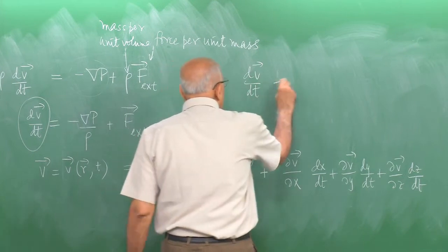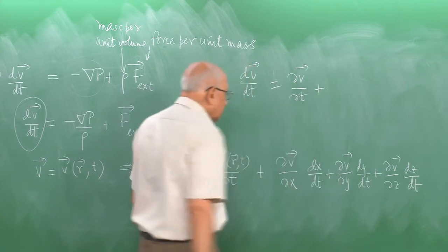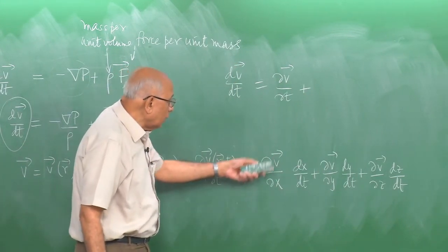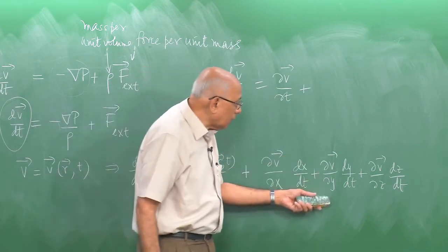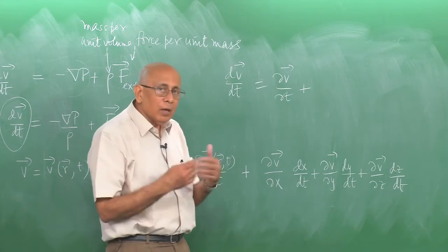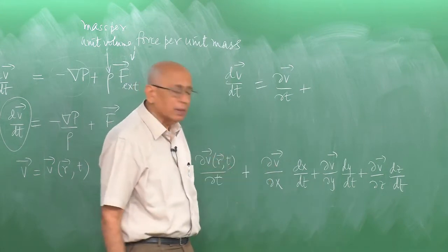So, this quantity here can be rewritten in the following way: dV over dt, let us forget about the arguments here, is delta V over delta t plus, now what is this? Well, as you can see, delta V over delta x, delta V over delta y, delta V over delta z arise by taking the del operator, the gradient operator, and acting on a vector V here.